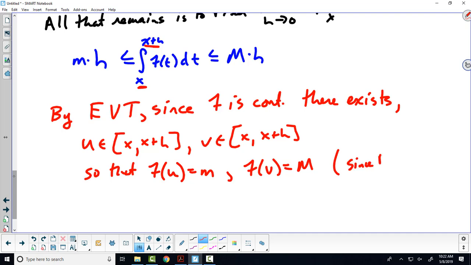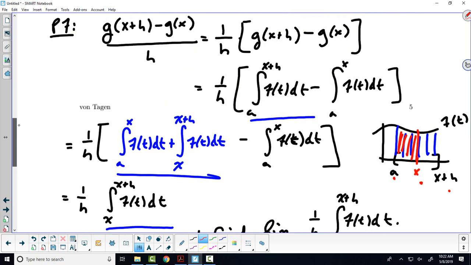Since f is continuous. The extreme value theorem says any function on a closed bounded interval will actually arrive at its maximum and minimum. There's some input values that guarantee you'll get the maximum or minimum as output.